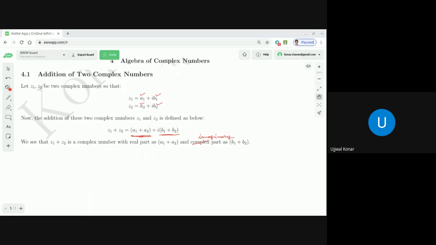We can write that as Z1 plus of minus 1 into Z2. That means as if we are adding two complex numbers: one is Z1 and the other is minus Z2. Let me show it to you, then you will come to know exactly what I am talking about.